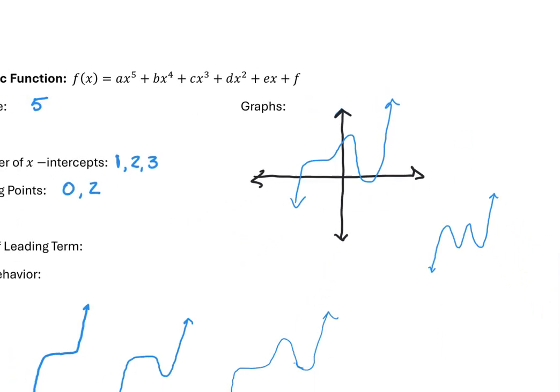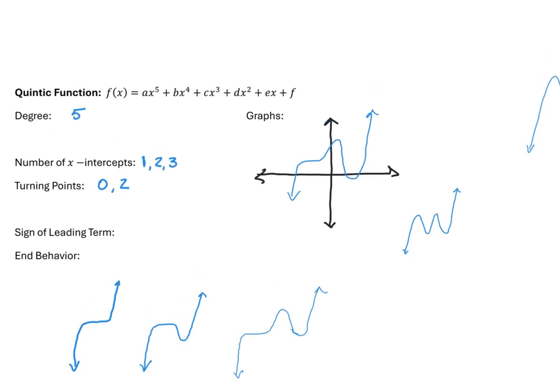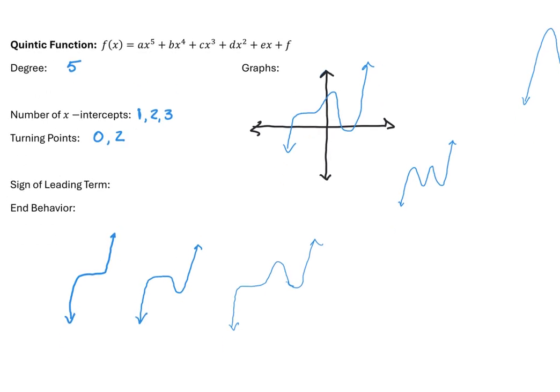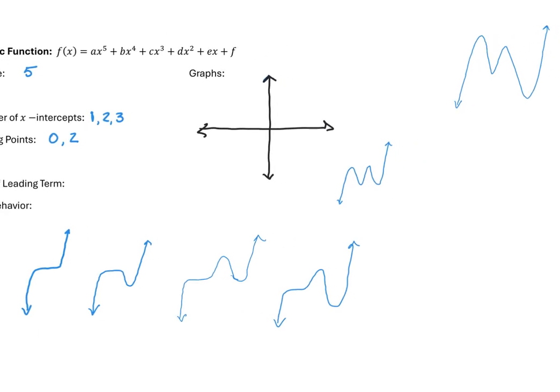All right, so that's what we've kind of seen so far. And they all look a little bit different, okay, but we see that we can either have 1, 2, 3 x-intercepts, or we can have 0 or 2 turning points so far. All right, now let's go ahead and look at last 2.